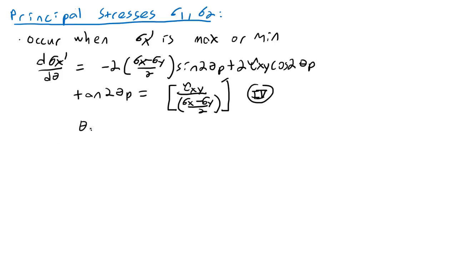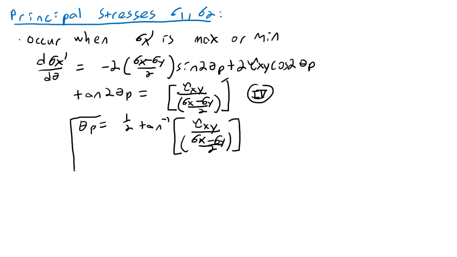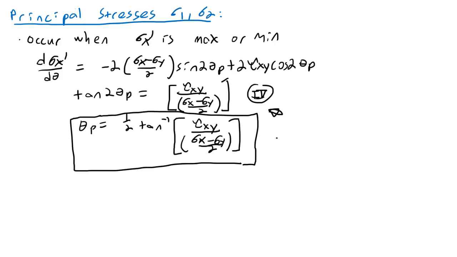Or theta p, the principal angle, is 1/2 times the inverse tangent of tau xy over sigma x minus sigma y over 2. And this here is more critical. Very important. This is equation 9-4.